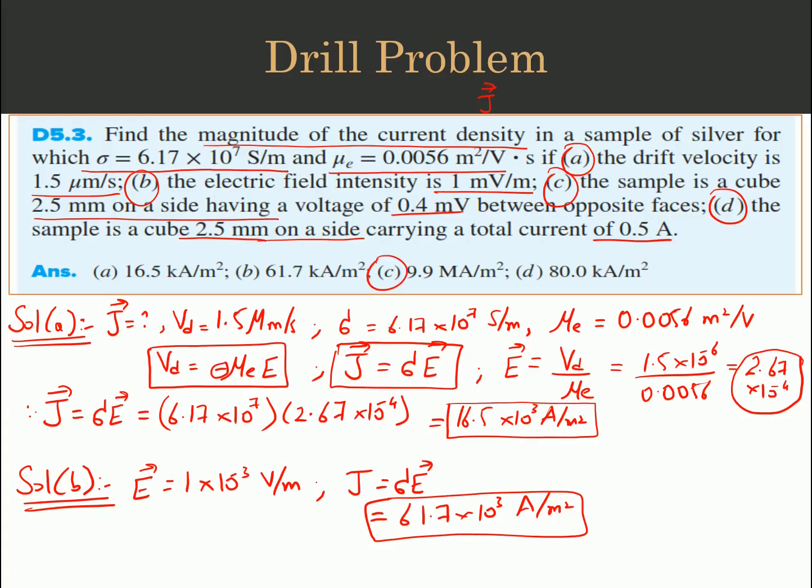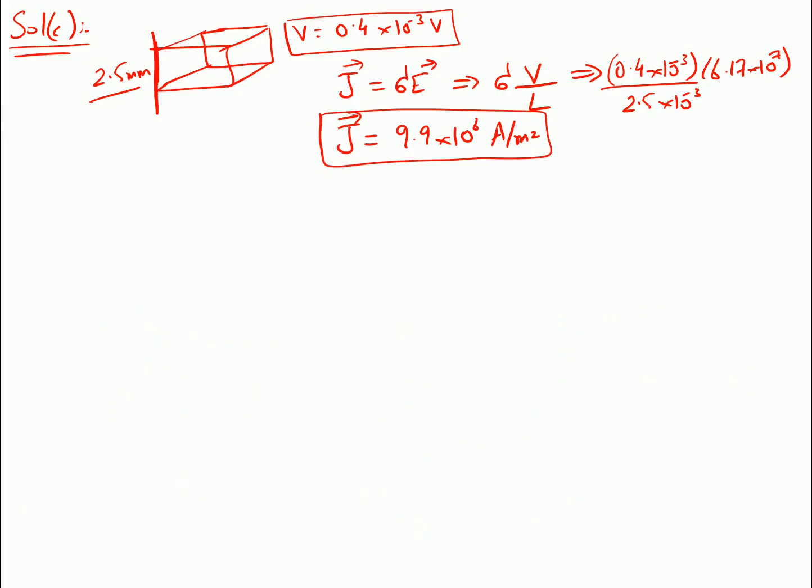In the final part, again we have a cube, but the current given is 0.5 amps. So again current density is given by the basic equation, the ratio of current over surface area. The current is 0.5, and what is the area of the cube?